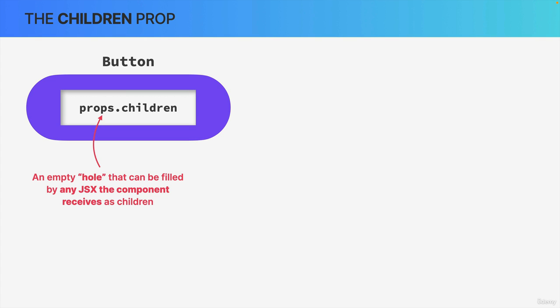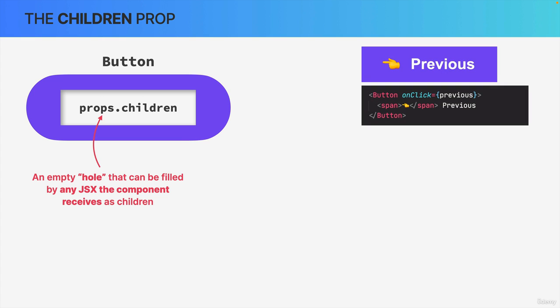But then the question is, how do we pass in these children? Well, when we include the button component in some JSX, instead of immediately closing the element, we can write some more JSX into that element. So just like we can write any HTML markup inside other HTML elements, right?